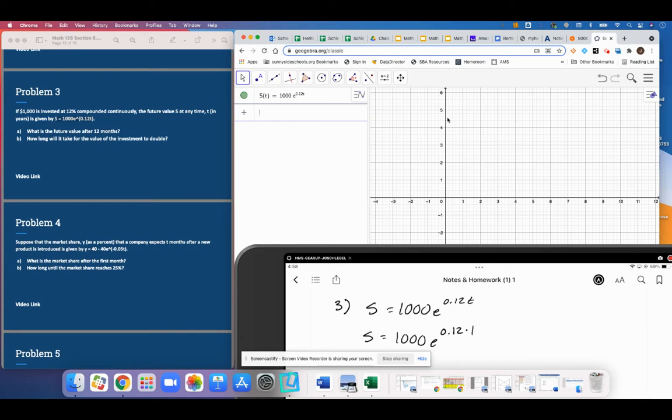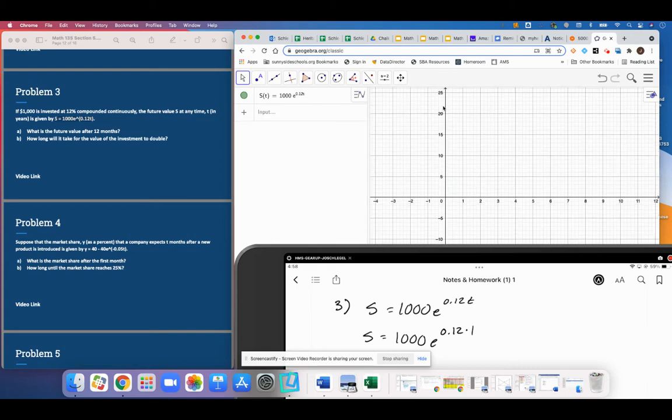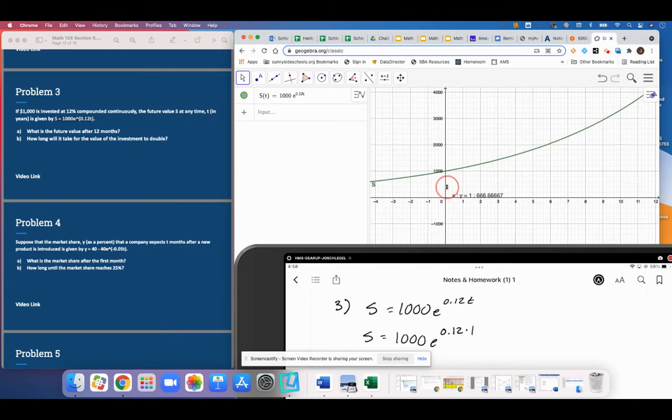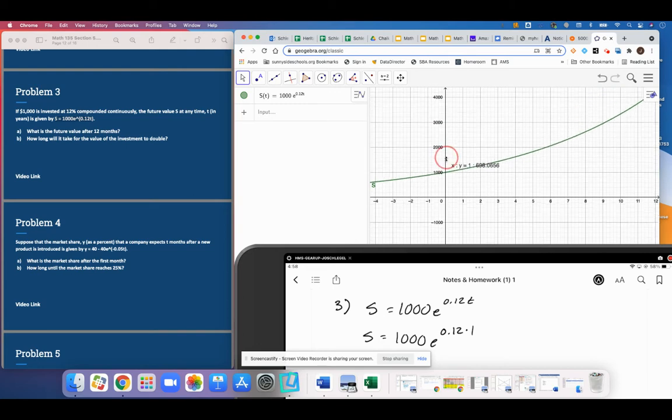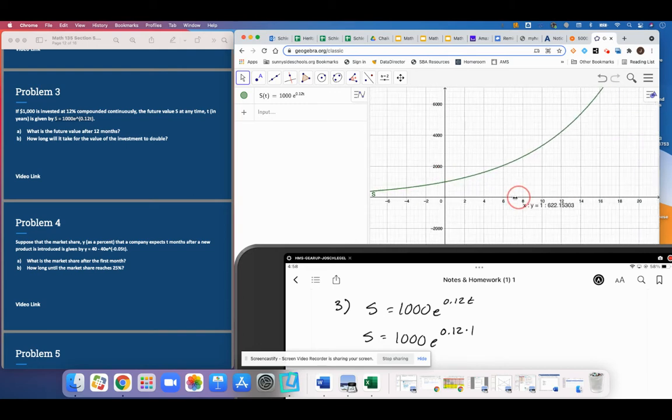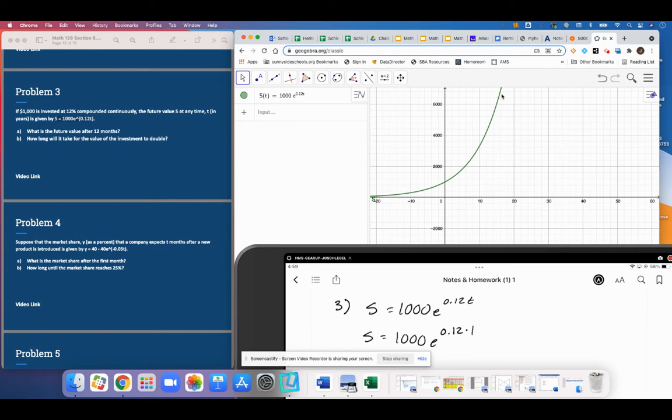Again, shift and grabbing the axes to see what's going on here. It looks like that $1,000 is growing slowly for a while, but if we pull it down here and pull over, we can see that by about 15 years, it's really growing like crazy.